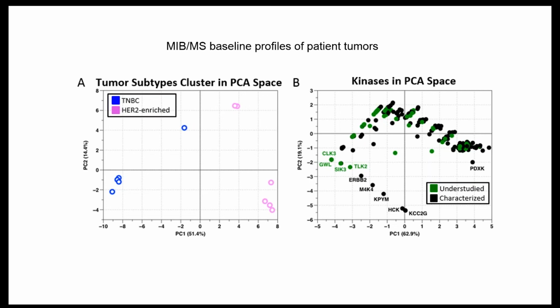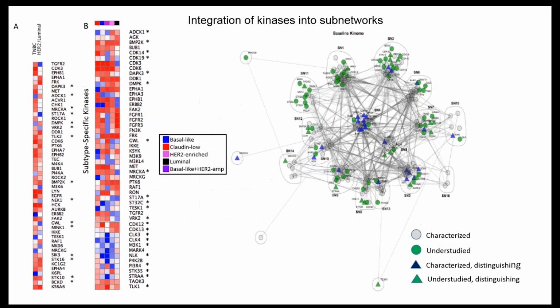So the understudied kinome plays a significant role in this subtyping. Now, if we take this cumulative data that we've done with multiple cell lines and multiple mass spec runs, you can easily look at these heat maps of the functional expression of the baseline kinome. You can easily discriminate, as you see in A, triple negative from HER2 luminal tumors.